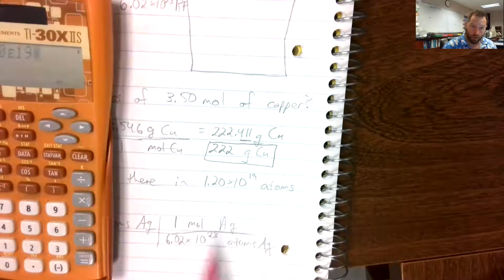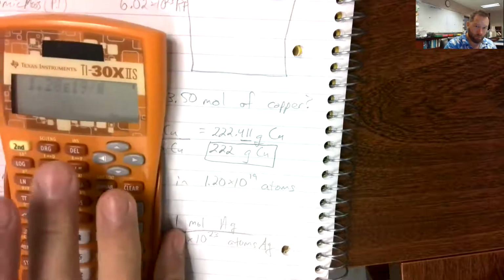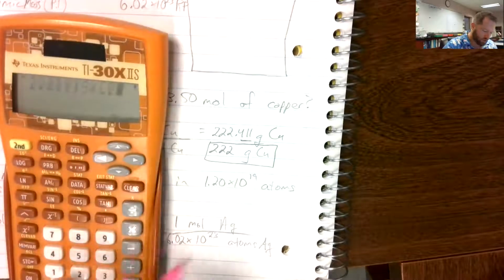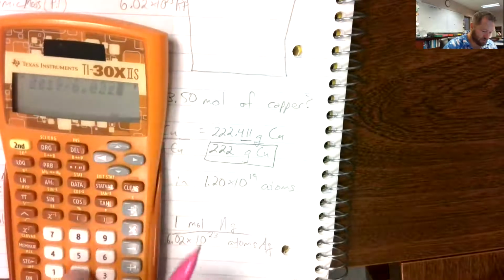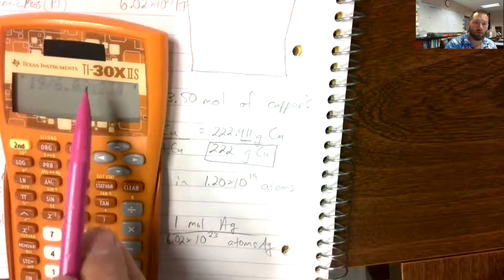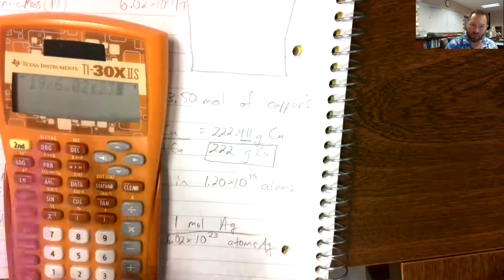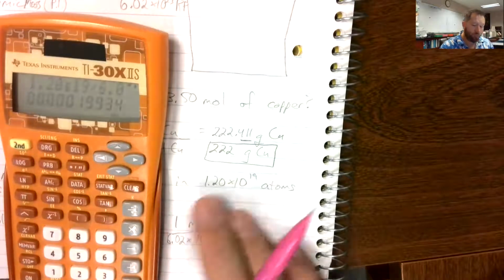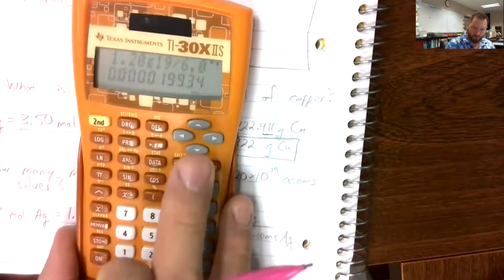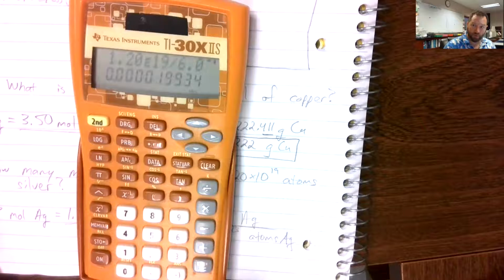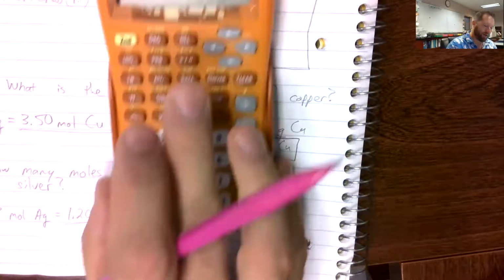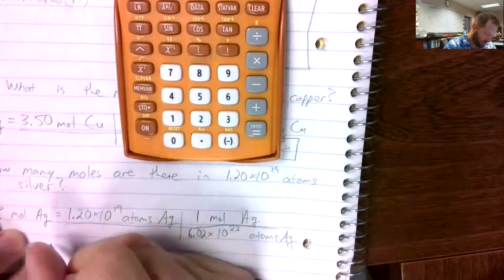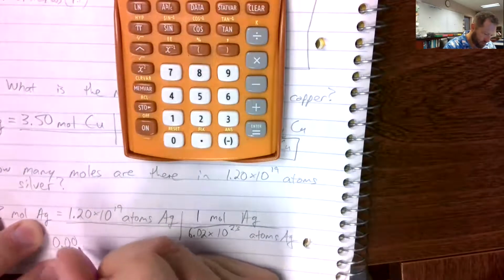Now we have the number on the bottom, so I'm going to divide 6.02, second, big E, 23. There we go. And you guys can see how I'm entering these numbers. I don't have to worry about order of operations. It's taken care of. Hopefully you guys are getting the same value. If not, you want to come talk to me. Let's make sure we get your calculators working properly.